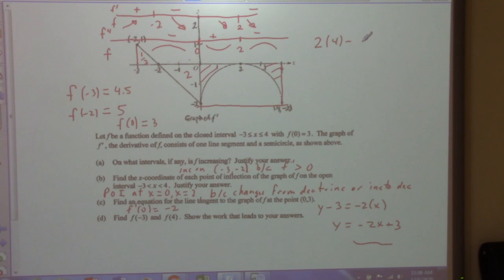minus the area. How do we find the area of that? It's going to be 1/2 pi r squared. And what is r here? Radius 2. 2 squared. So that's going to cancel that. So we're going to get 2 times 4, so it's going to be 8.